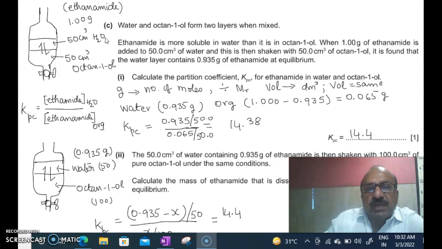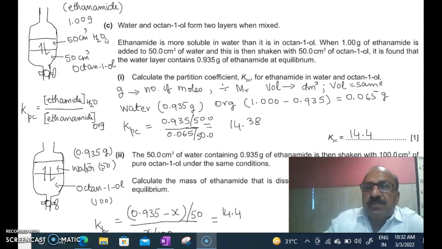So part of this 1 gram would go into this and an equilibrium would be established when the amount of ethanamide in the water layer and the octane-1-ol becomes constant, and that is when the equilibrium would be reached.